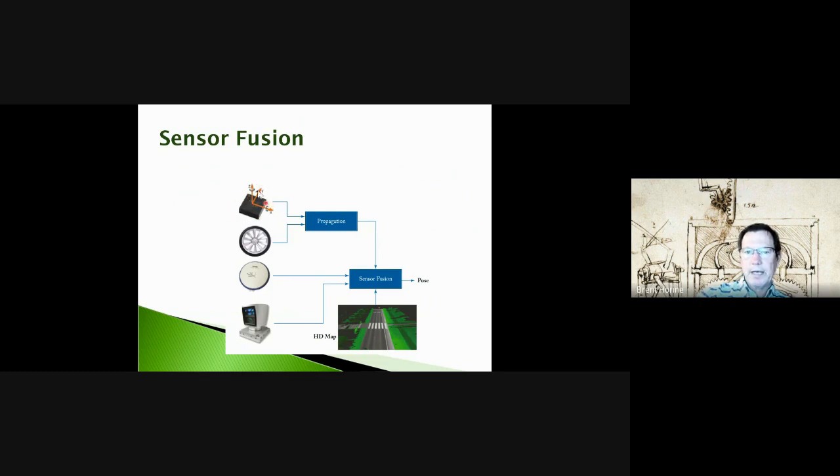Again, here we have these high update rate, nearly always available type systems, sensors, but they are susceptible to a lot of drift, a lot of errors, right? But we can use these to predict or propagate through where we think our next position is, right?